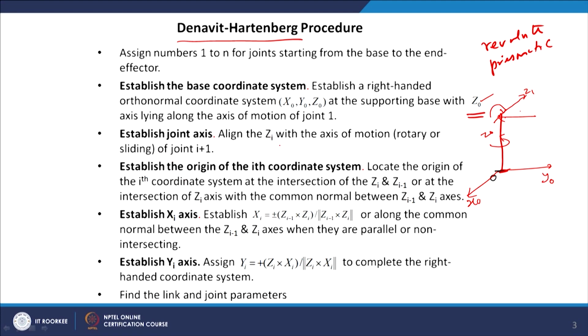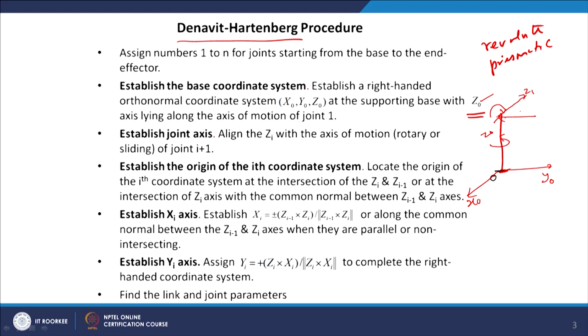Once we fix the two axes for the two joints, the first joint Z0 is fixed and the second joint Z1 is fixed here, then the origin can be fixed suitably for the second joint. The origin is nothing but the intersection of Zi minus 1 and Zi.